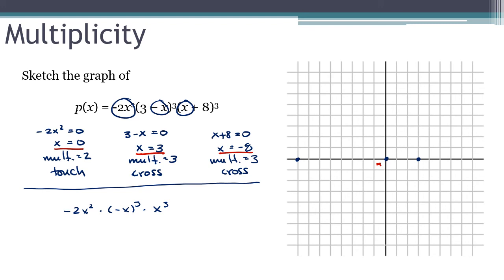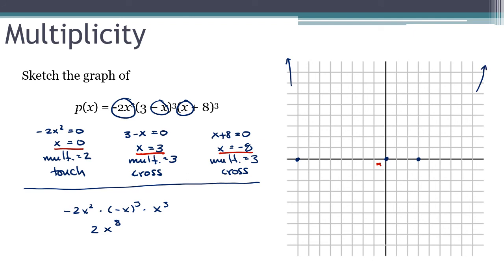So that negative times the -2 is going to become +2, and it's going to be x to the 8th. Again, no matter what number you put in there for x, positive or negative, when you raise it to the 8th power, it's positive. So it doesn't matter what number you put in there, a big positive number or a big negative number, you're going to get a big positive number back out. So it's going to be going up over here and up over here.